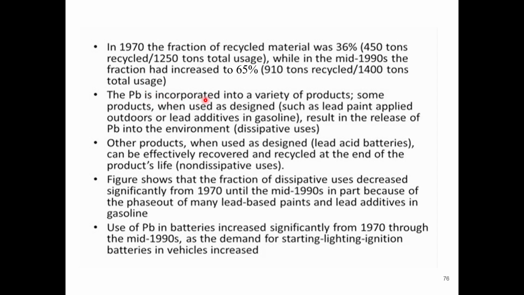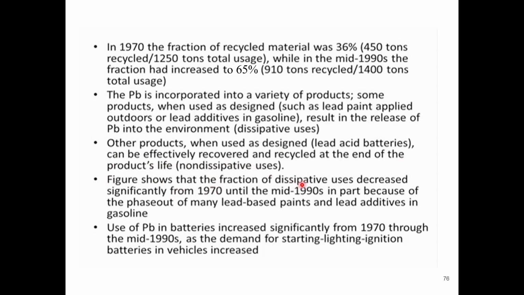The lead is incorporated into a variety of products. Some products when used as designed, such as lead paint applied outdoors or lead additives in gasoline, result in the release of lead into the environment, which are dissipative uses. Other products when used as designed, such as lead acid batteries, can be effectively recovered and recycled at the end of the product's life, which are non-dissipative uses.